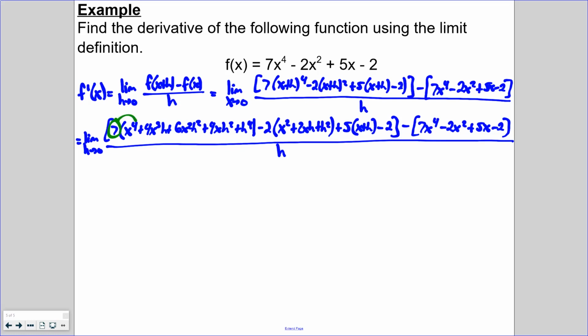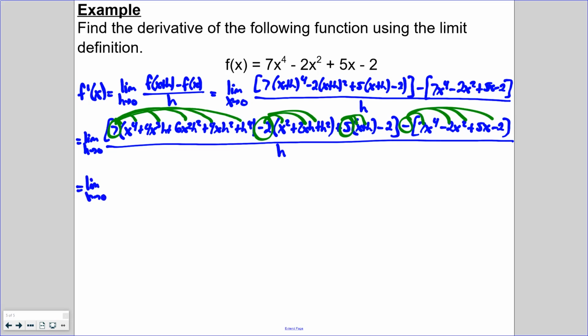So then we need to distribute everything that we can into everything else that we can. Lots of distributing here. And let's do it, because once we distribute, then we can cancel.